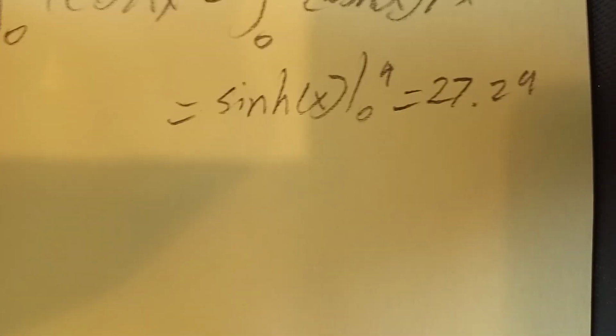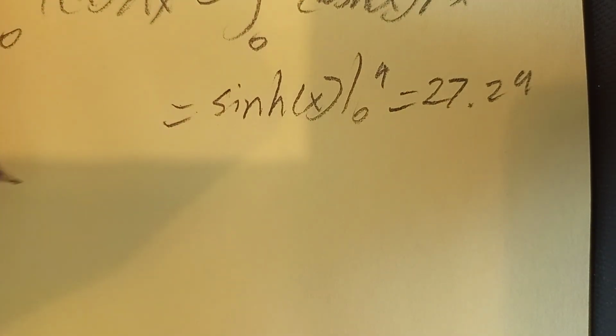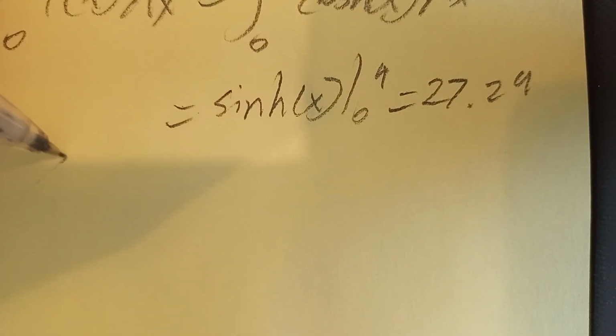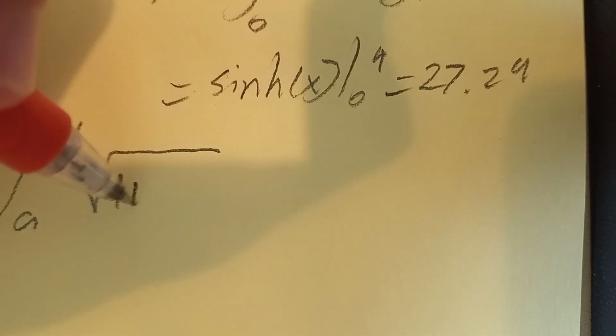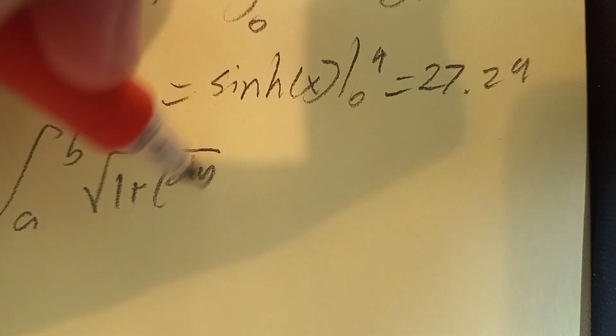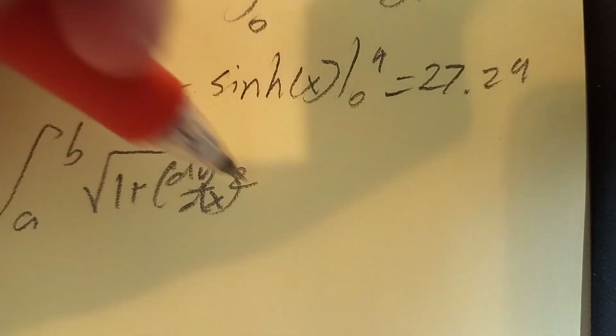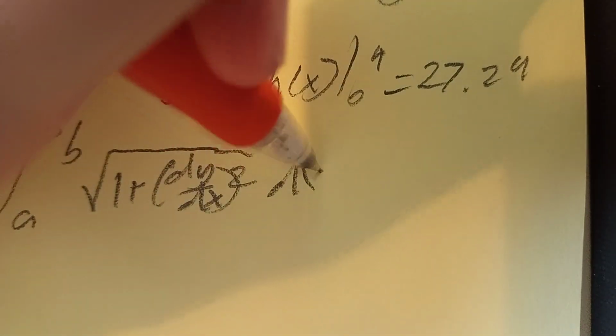It gets better. Suppose we want to find the arc length from 0 to 4. We just plug into the arc length formula, which, if you don't know it, is the integral of the square root of 1 plus (dy/dx) squared. I'm just using Leibniz notation, just because.